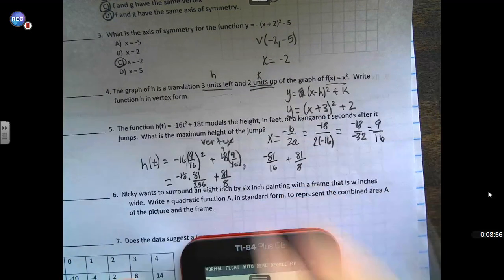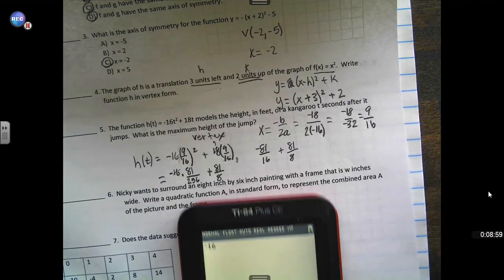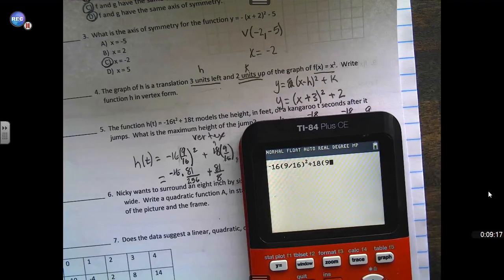I want to take negative 16, and I'm going to type this in the way it's written there, negative 16, and then a parenthesis, and I'm going to have 9/16 squared plus 18 times 9/16, and I get that.